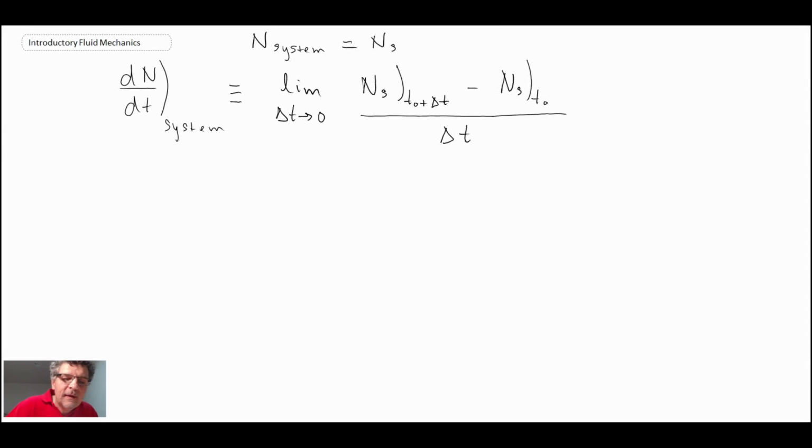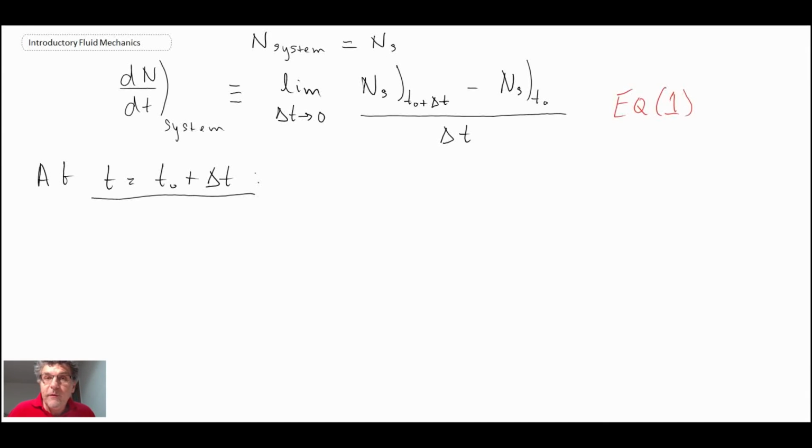So this is a definition of the time rate of change, and I'm going to call this equation 1. And this is going to be the equation that we're going to build from as we go through this derivation. And I'm going to begin with looking at what is happening to our extensive property at time t0 plus delta t.